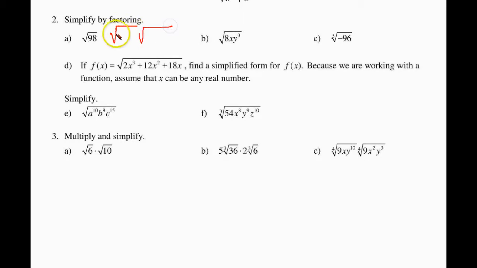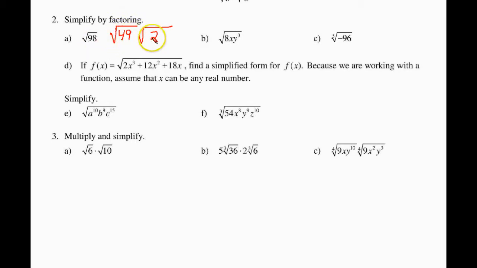And I usually put two sets of radical signs, because under this first set, you want to see if there's any factor of 98 that's a perfect square. So if you divide it by 2, you get 49, which is a perfect square. And the other factor is 2. Remember, we did this above and got that.